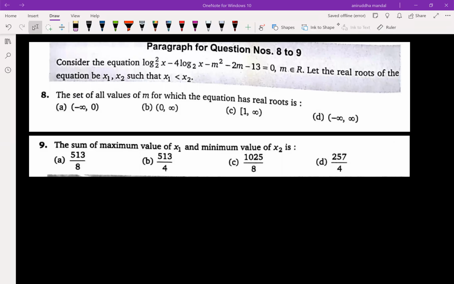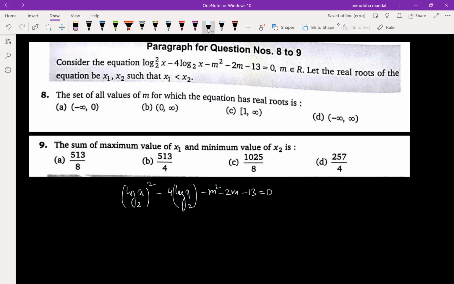Now the next question: this equation is given, (log x base 2) whole squared minus 4 log x base 2 minus (m² - 2m - 13) equal to 0.